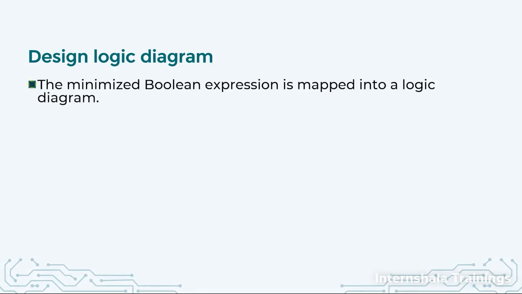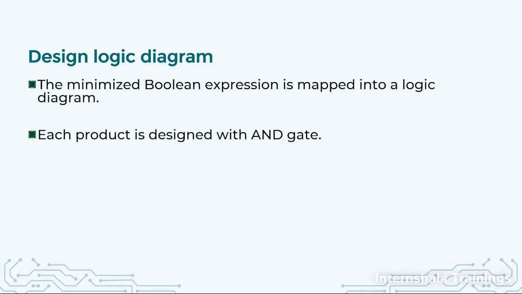Now comes the last step, and that is designing the logic diagram. Once we have the minimized Boolean expression, we are going to map it into a logic diagram. Each product will be replaced by an AND gate. When we say replace, that means we are mapping it. A dot in the expression means an AND gate in the logic diagram.